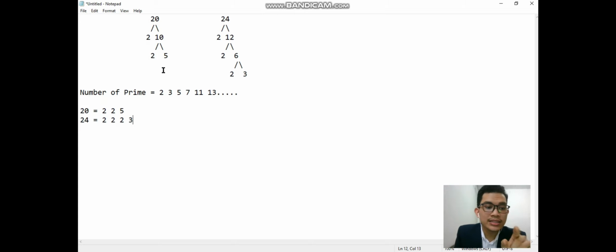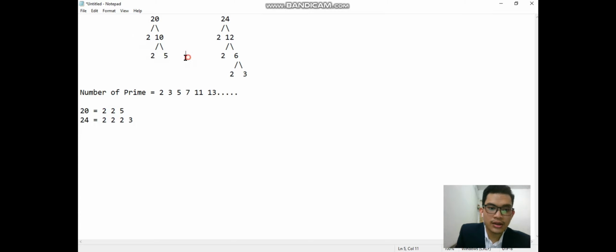Is 10 a prime number, yes or no? We don't have 10 here, so we continue. 10 divided by 2 is 5. Is 5 a prime number? Yes, 5. The result is 2, 2, 5.